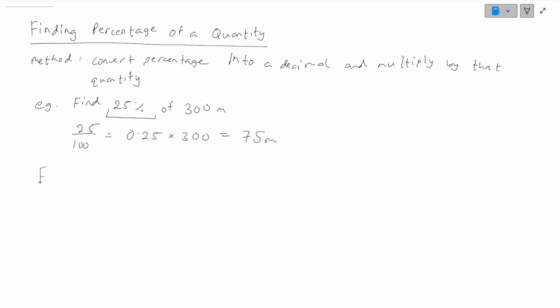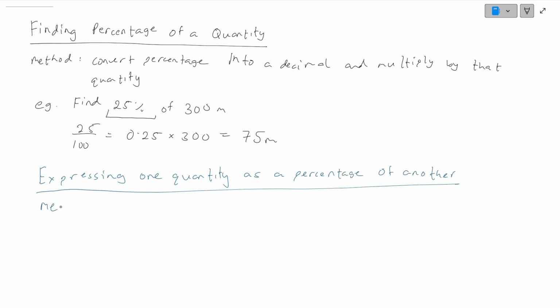Next up, you're going to look at expressing one quantity as a percentage of another. For this, the method is to take the first quantity as a fraction of the second. So take the first quantity as a numerator and take the second quantity as your denominator.